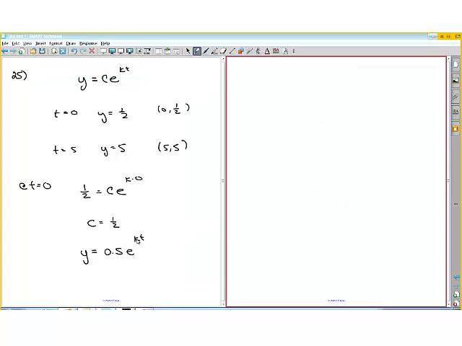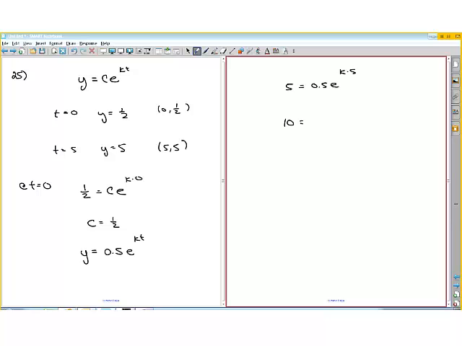The second part of the problem is to find k, so we use the second point. So y equals 5 when t is equal to 5. If I put in 5 for t and 5 for y, and divide by 0.5, 5 divided by 0.5 is 10.